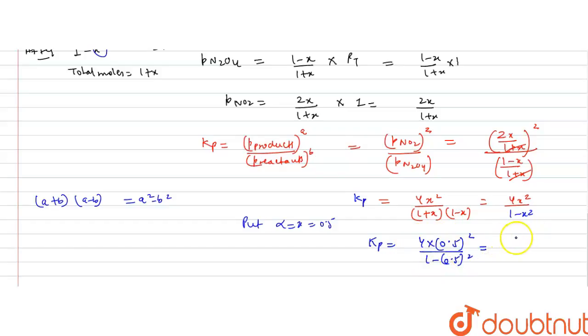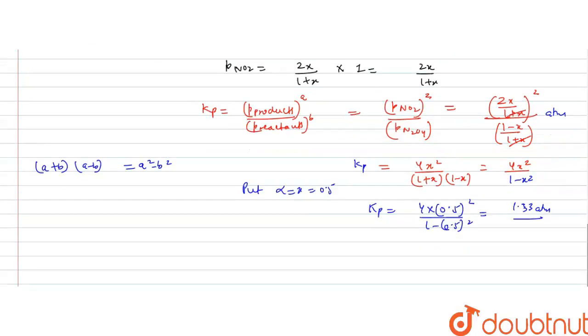So the Kp value is 1.33 atmosphere. It should be in atmosphere because the total pressure in the numerator will be 1 atmosphere square, and in the denominator it will be 1 atmosphere. So 1 atmosphere is cancelled by 1 atmosphere, but 1 atmosphere will remain. So Kp value is in atmosphere.